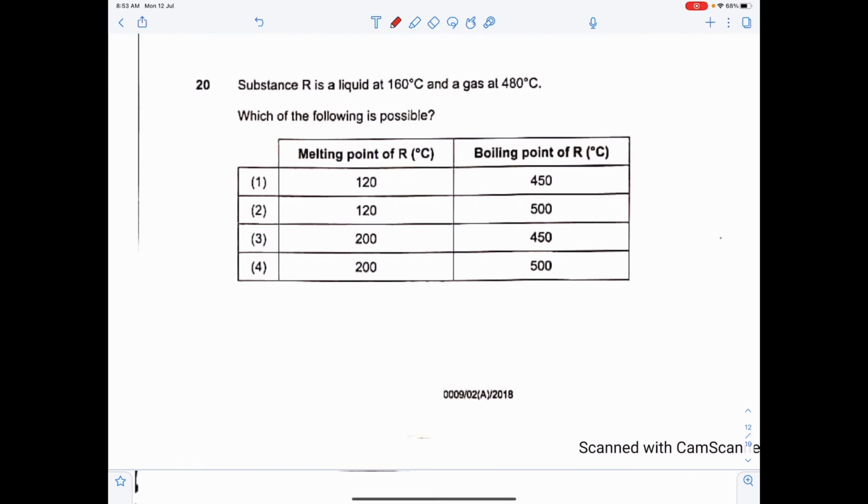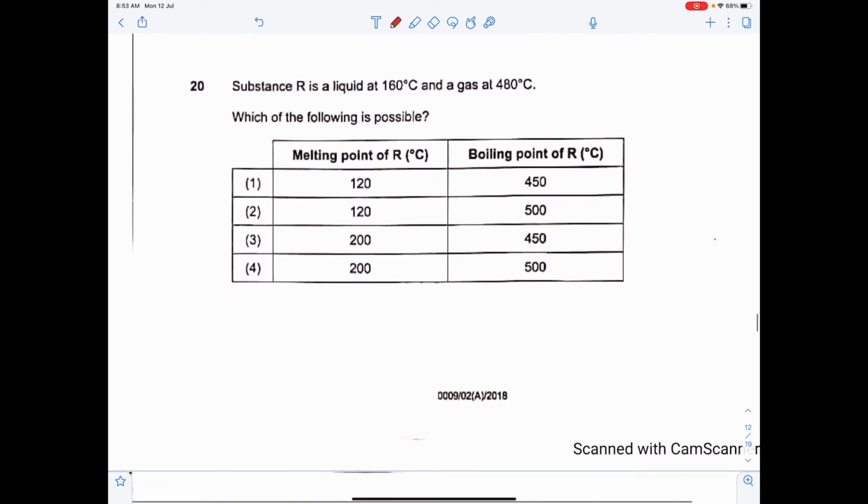Number 20 is a very, very common question and we need to know how to do this. So it says that substance R is a liquid at 160 degrees and a gas at 480 degrees Celsius. Which of the following is possible? So to do this kind of question, the first thing you should do is to draw a temperature line to help you.